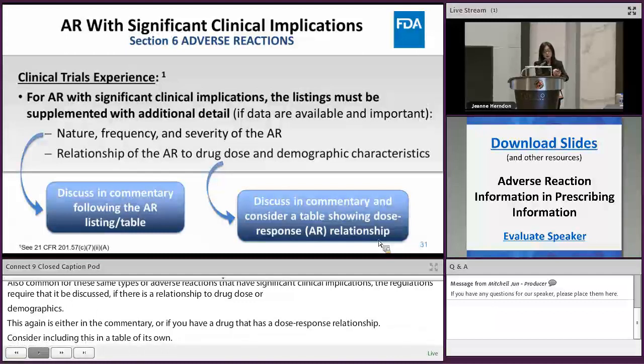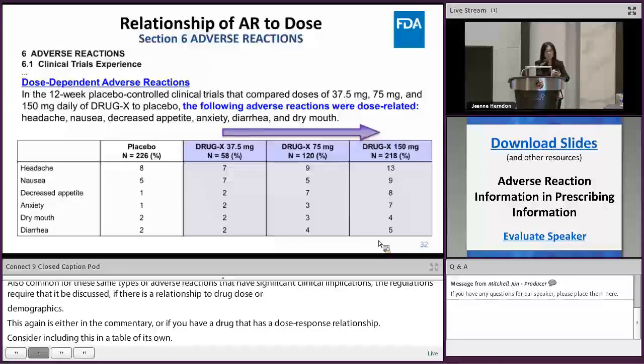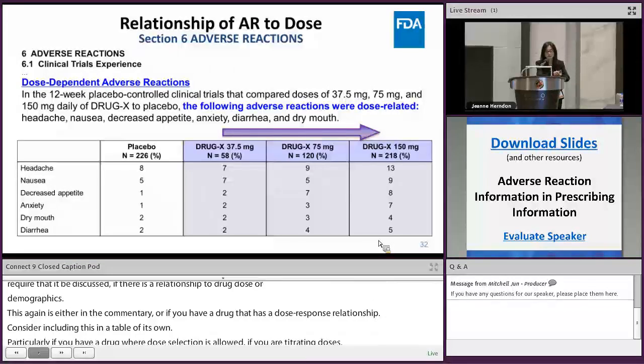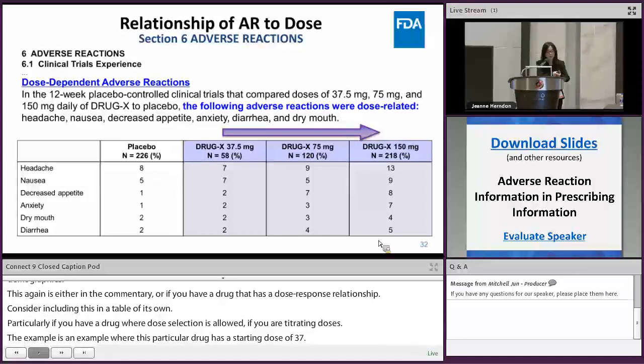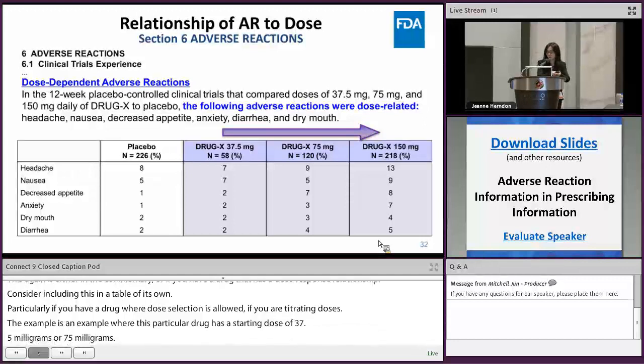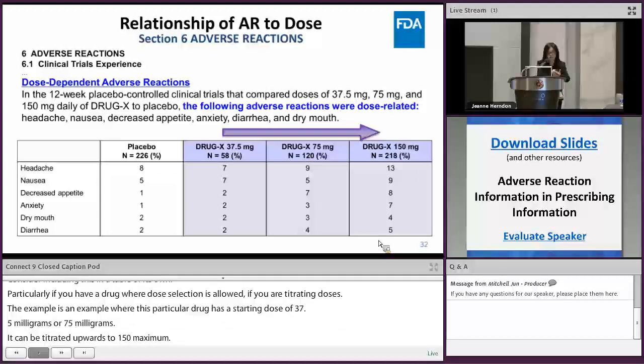This example is one where this particular drug has a starting dose of either 37.5 milligrams or 75 milligrams, but can be titrated upwards to a maximum of 150. Showing this table of adverse reactions, if you have a patient showing these particular adverse reactions, you can decide how to titrate the drug accordingly.